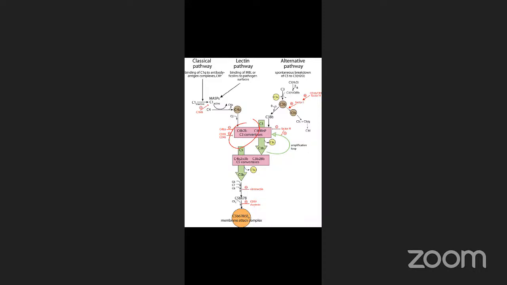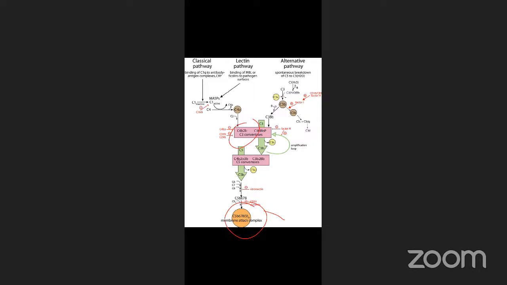Finally, C5b, 6, 7, 8, 9 combinedly act as a membrane attack complex. Whenever all these subunits and proteins bind with each other, it makes a pore on the membrane of the infected cell or pathogen or parasite.